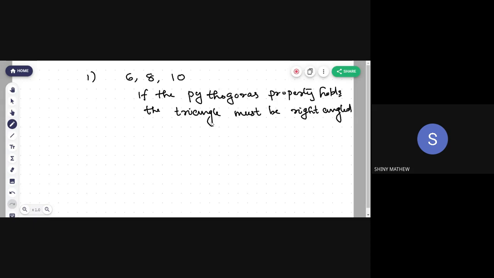You write these 3 measurements and you write if the Pythagoras property holds, the triangle must be right angled. അപ്പോൾ ഇതൊരു റൈറ്റ് ആംഗിൾ ട്രയാങ്കിളിന്റെ മെഷർമെന്റ് ആണോ അല്ലയോ? That we have to check.